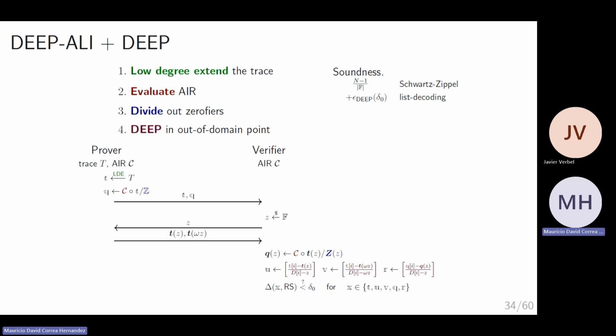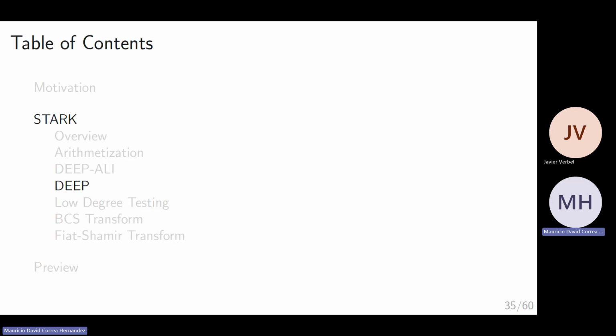The point is that complicated expression related to the list decoding of Reed-Solomon codes, that expression is now part of the soundness error. All right, that was DEEP-ALI and the DEEP trick. I think the remaining stages of the compilation pipeline have to wait until tomorrow.